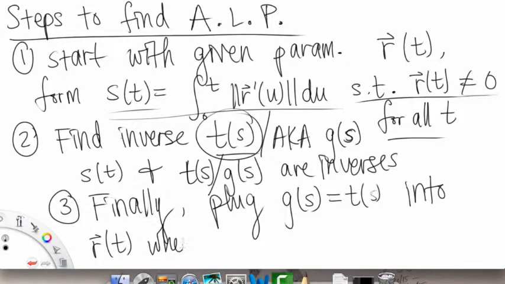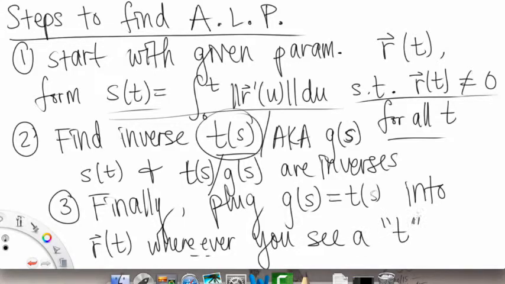So you're going to do this wherever you see a t. Okay, so basically, what we're going to end up with is something that looks like, I'll show you on the next slide.